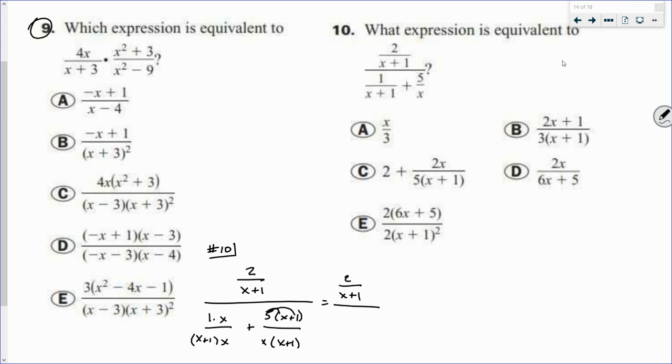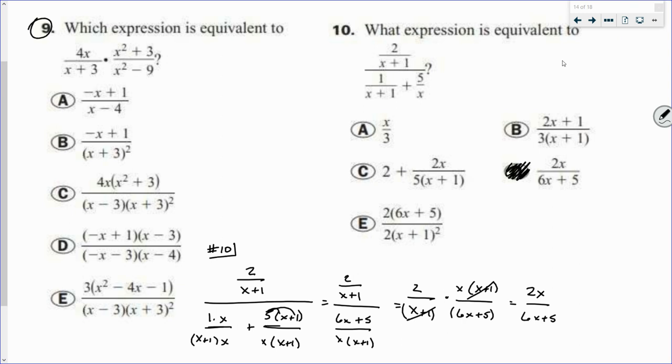So 5x and 1x is 6x plus 5 over x times x plus 1 multiplied by the reciprocal. Please, oh please have a multiple choice that looks like that, and we do. So D.